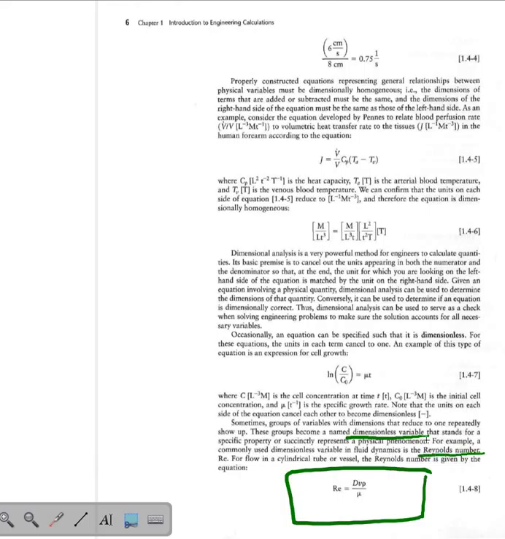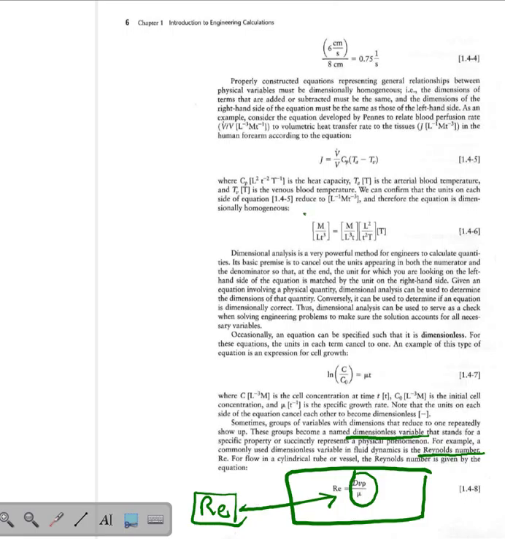You don't need to know it for this class per se, but it is a way to learn something about the properties of flow of material through a pipe or a blood vessel. And it's a combination of 4 variables, each of which have units, but when you multiply or divide them in this combination, you're going to end up with a number that has no units. And then this number is called Reynolds number. So just be familiar with that concept.